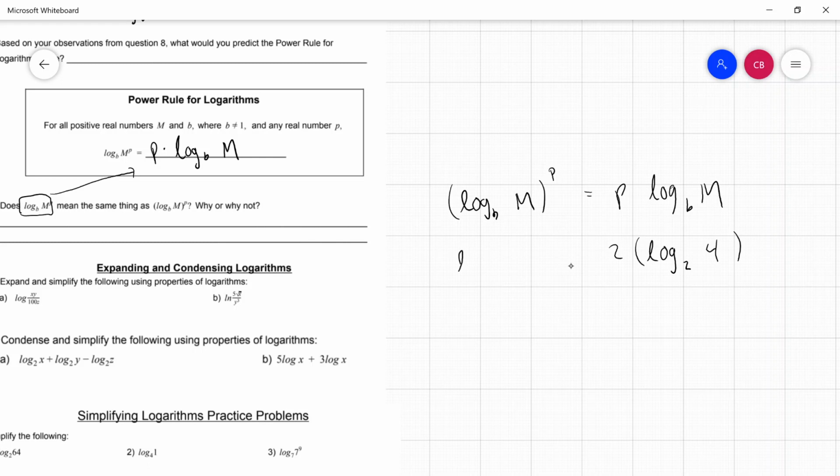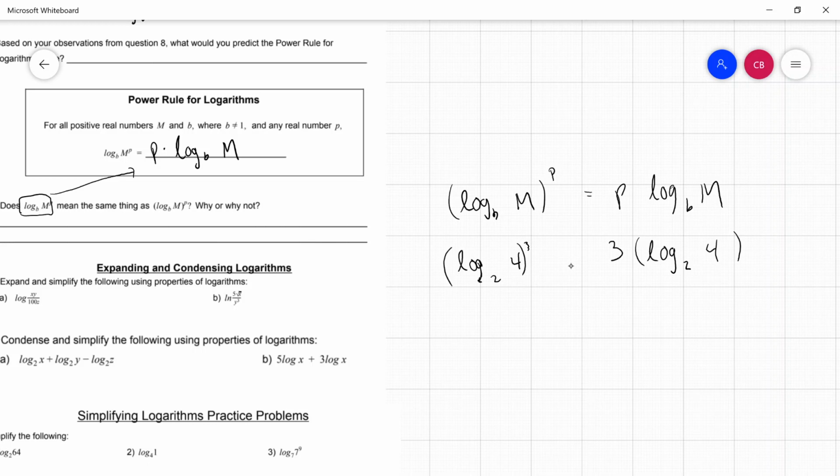Maybe 2 isn't a good example, so let's do it again. Or let's choose p to be 3 just in case that changes something. I'm not entirely sure. This might be equal to each other. So we've got log 2 of 4 to the third.